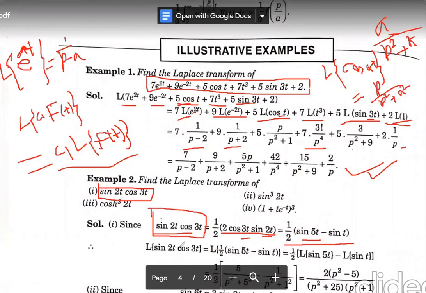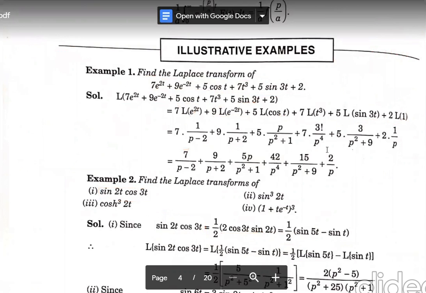Now just use the Laplace transform here. So the Laplace transform of sine twice t cos thrice t is nothing but the Laplace transform of half of sine of 5t minus sine of t. And then half take it outside, then the Laplace transform of sine of 5t is 5 by p square plus 5 square, minus the Laplace transform of sine t, which is 1 by p square plus 1 square. And then just simplify it.